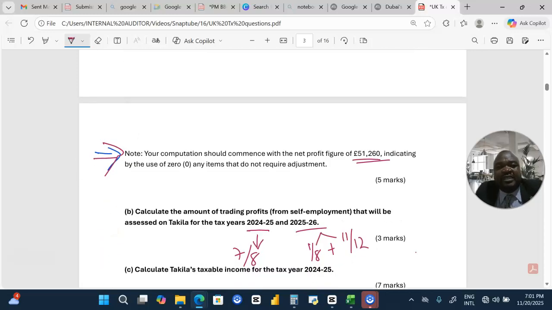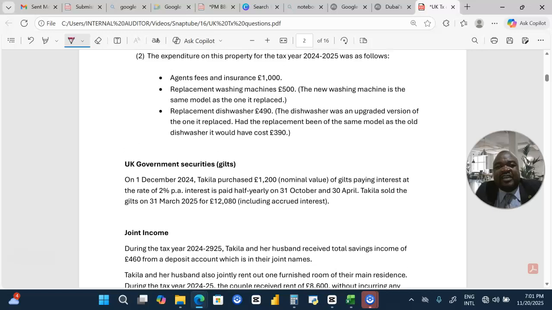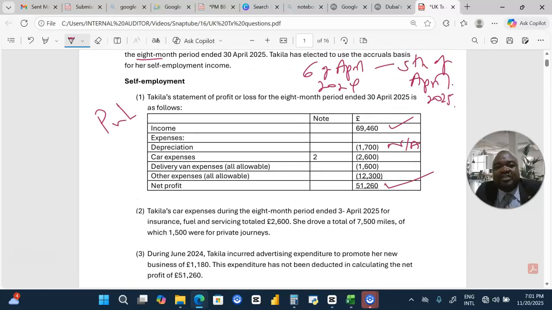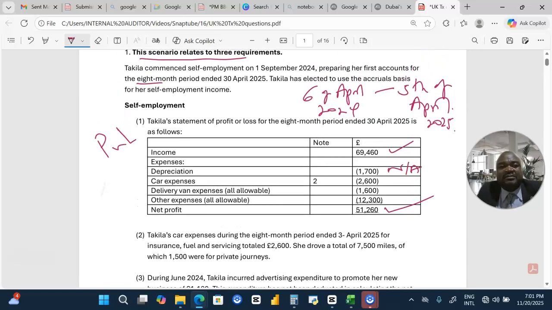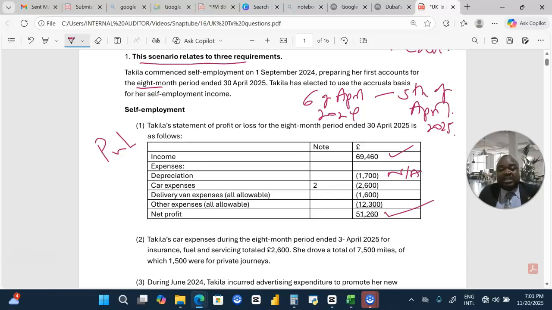Here, the examiner is saying use this particular figure, 51,260, and that's where the figure emanated from. It emanated from this table. So when we do our computation, we need to start from the net profit of 51,260.